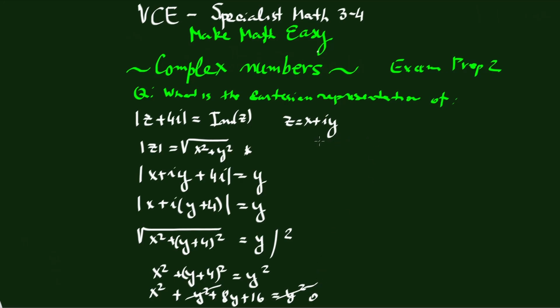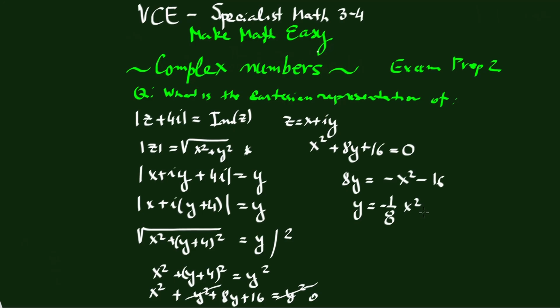So if we continue here, we got x squared plus 8y plus 16 equals 0, and therefore 8y equals minus x squared minus 16. y is equal to minus 1/8 x squared minus 2, and it's a parabola.